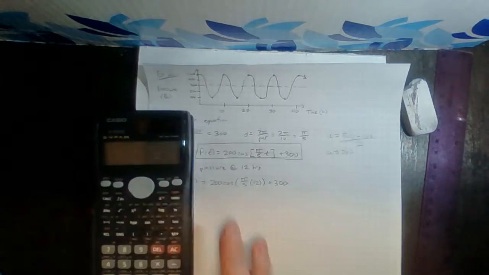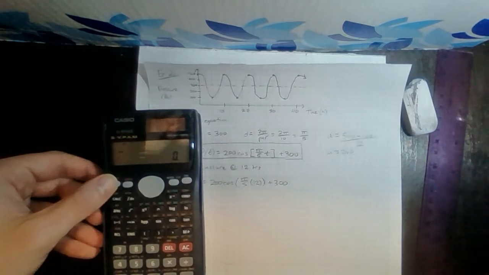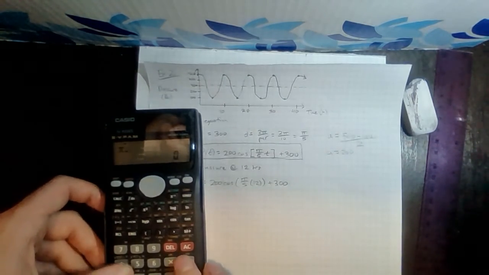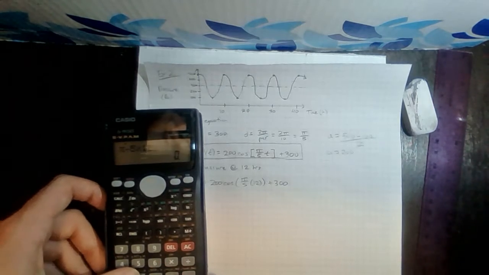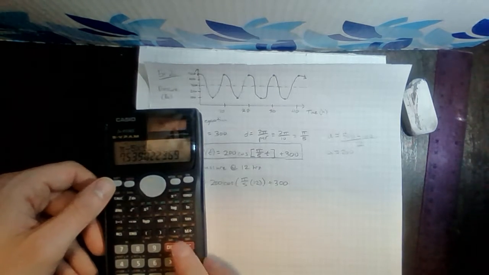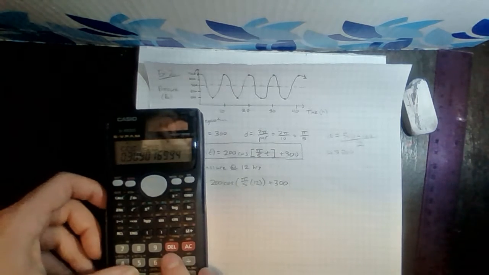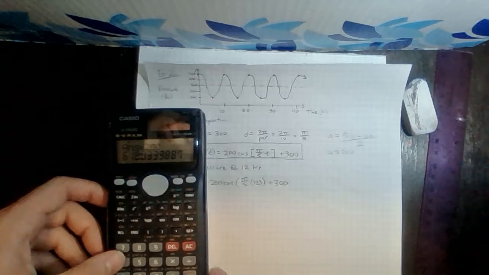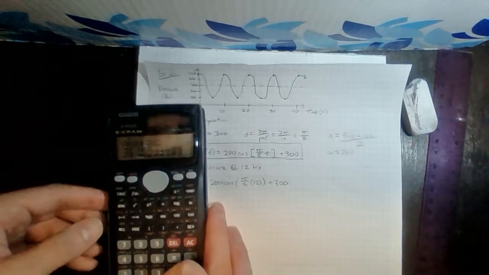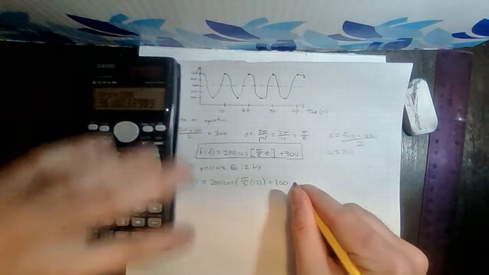And we can break this up. We can see pi, or 3.14, divided by 5 times 12. The cosine of that times 200 plus 300, or we can calculate all at once.